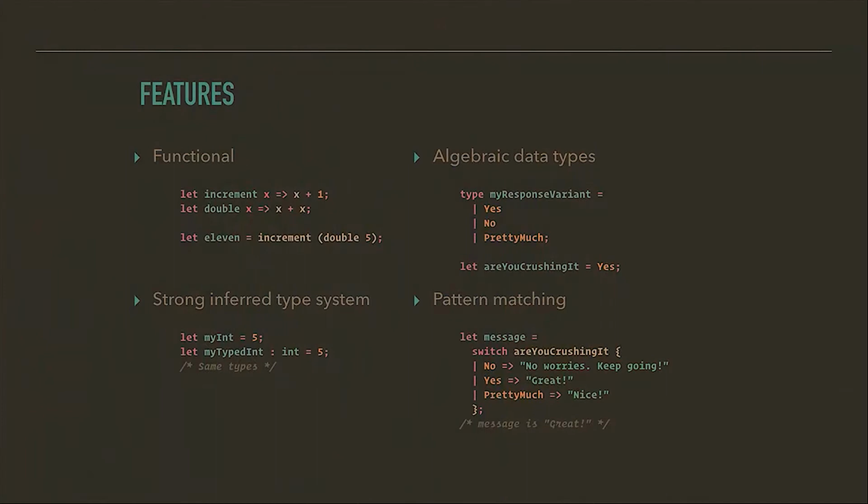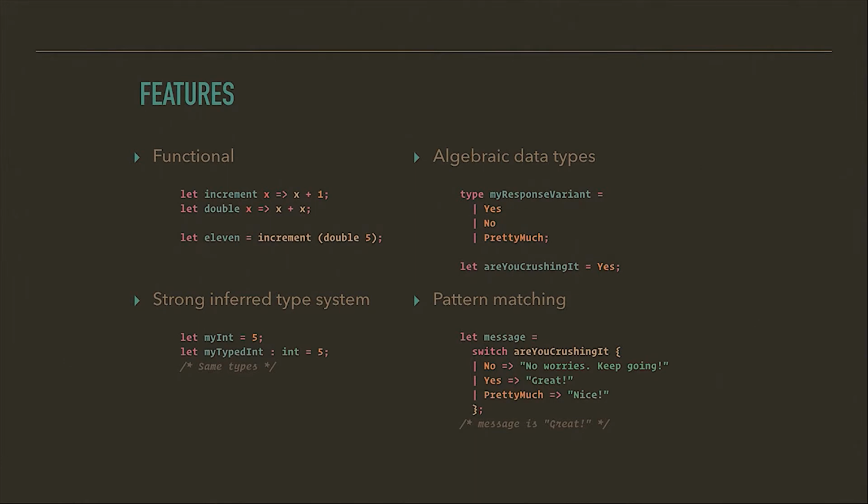There's a bunch of features of Reason that we should be interested in, and this is just a small handful. It's a functional language. In fact, it's the only language I can think of, and I'm sure you guys in the questions will completely prove me wrong, that is functional, strongly typed, and can be compiled anywhere. Off the top of my head, I can't think of any others.